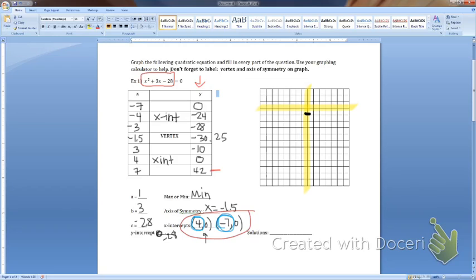So if I'm at 3, 6, 9, 12, 15, 18, 21, 24, 27, 30, 33, and 36. All right, so I'm going by 3s. And then we're going to let our x-axis still go by 1s. And you're allowed to do that as long as you stay consistent. As long as all your x's are going by the same number, that's fine. And then you can change your y's to be going by the same thing as well.